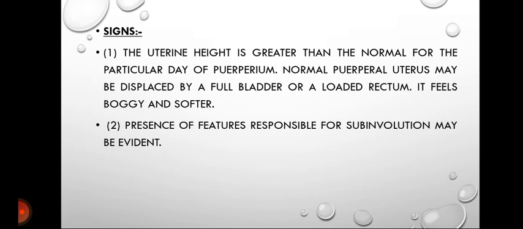The size of the uterus will be more than expected for the puerperal period. As the puerperal period increases, the size of the uterus will remain the same. It will not reduce, it will not come back to its normal pre-pregnant state, and the uterus will be soft and boggy.